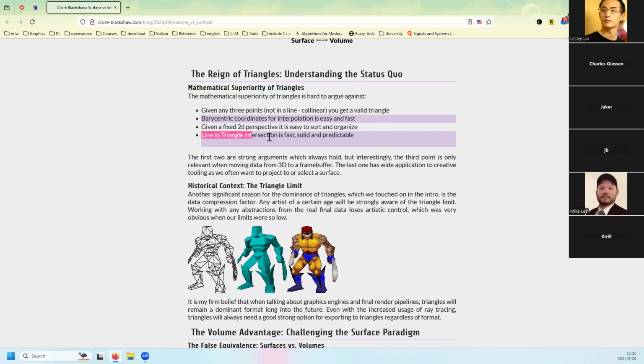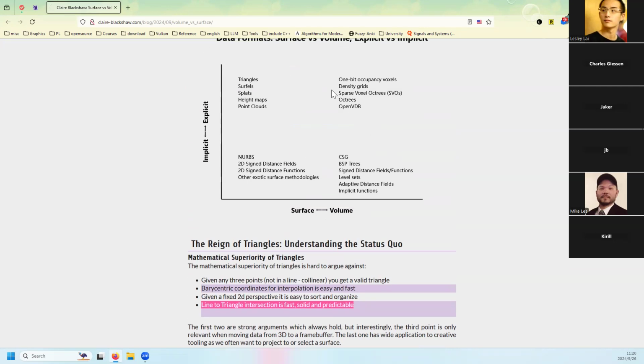And last one, I guess, yeah, triangle is not the only one where intersection is fast, but there are definitely formats where intersection is not fast.